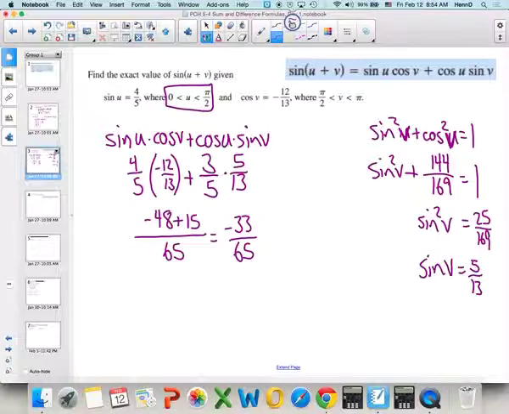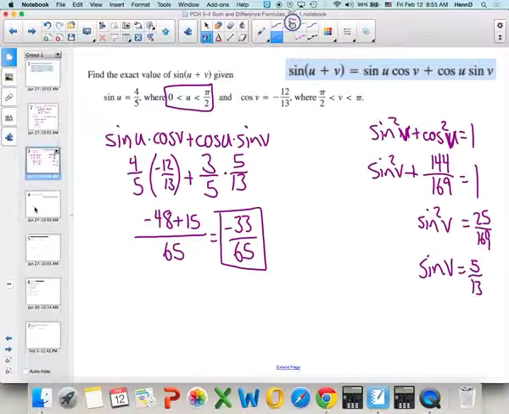So there you have it. Every problem's kind of a little puzzle. Each has its own nuance, and you have to keep in mind the identities and everything else.